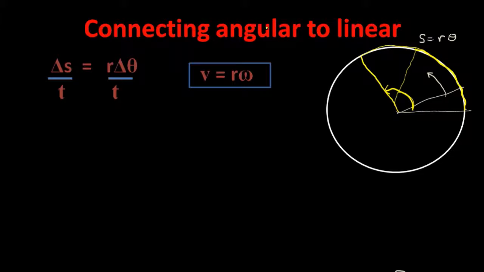Now let's do a quick little unit check on this guy. Let's suppose we have the velocity measured in meters per second, and let's suppose that the radius is measured in meters, as it would have to be. What does that leave for omega? Well, it would mean that the angular velocity would have to be measured in inverse seconds, right?